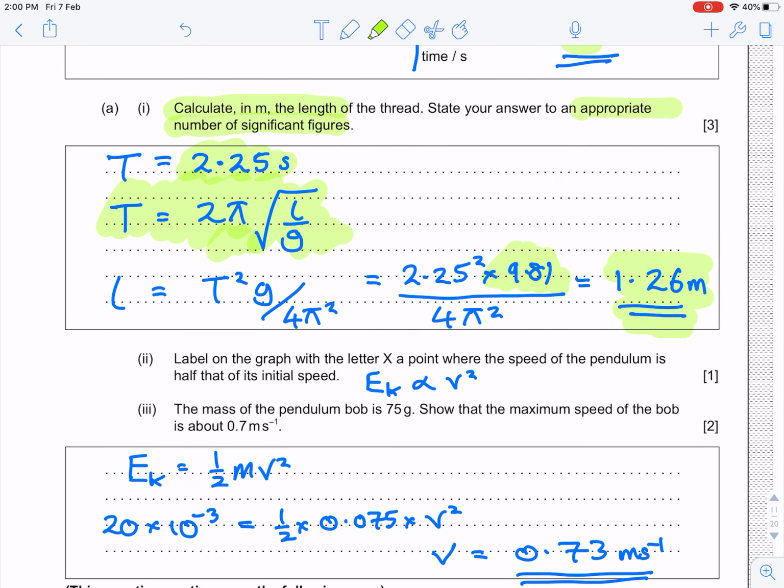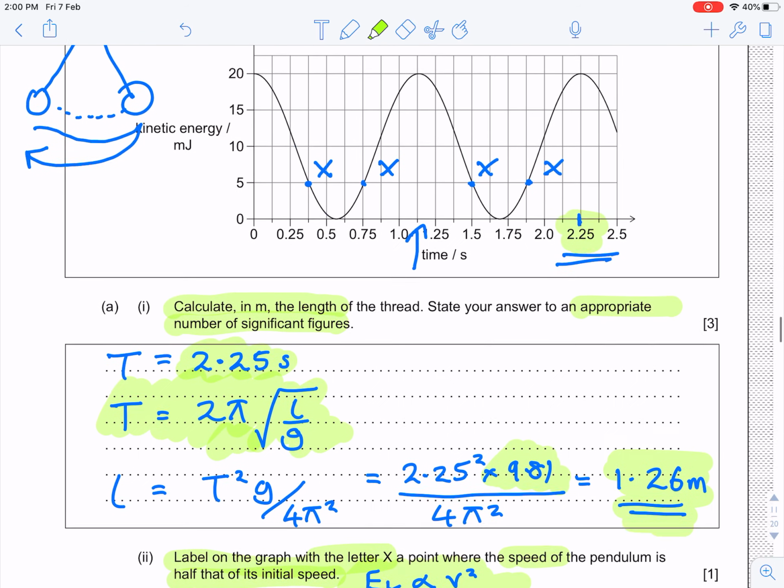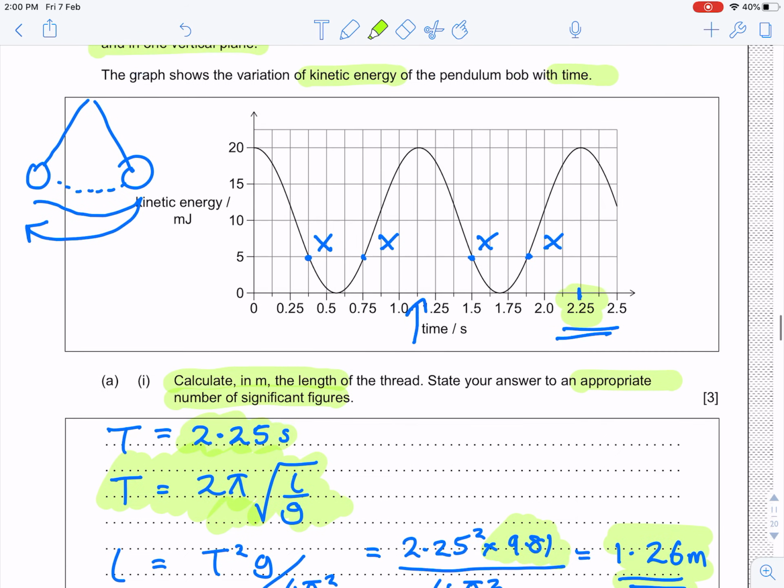The second part of this question, it says label on the graph with the letter X a point where the speed of the pendulum is half the initial speed. So I've just written this expression that kinetic energy is proportional to v squared, because what I've been given here on the graph is a graph of kinetic energy.